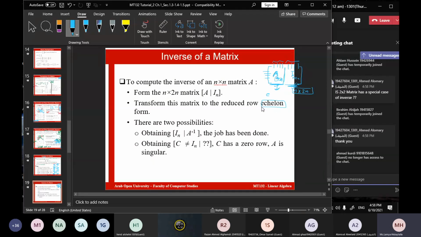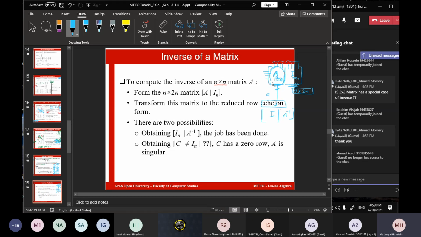To the what? To the echelon form. If you could reach the echelon form, to the form where this part is like the identity, meaning 1 on the diagonal and 0 everywhere else, then in this case, this is going to be the inverse.